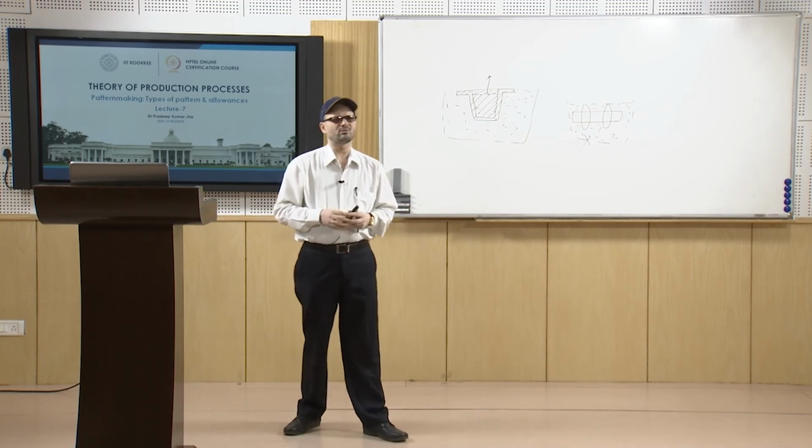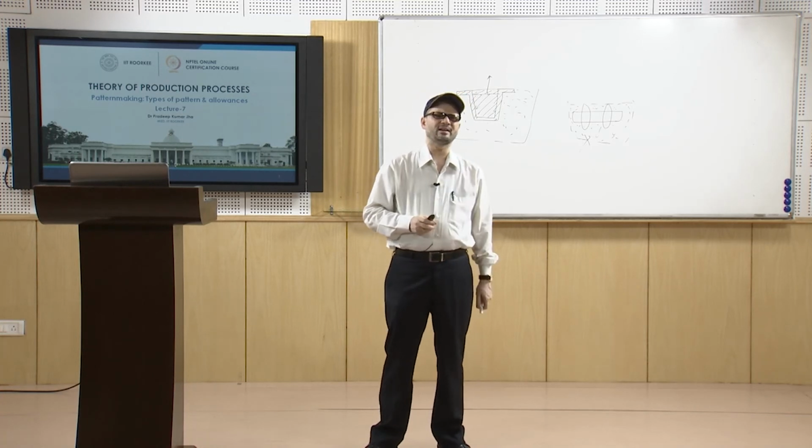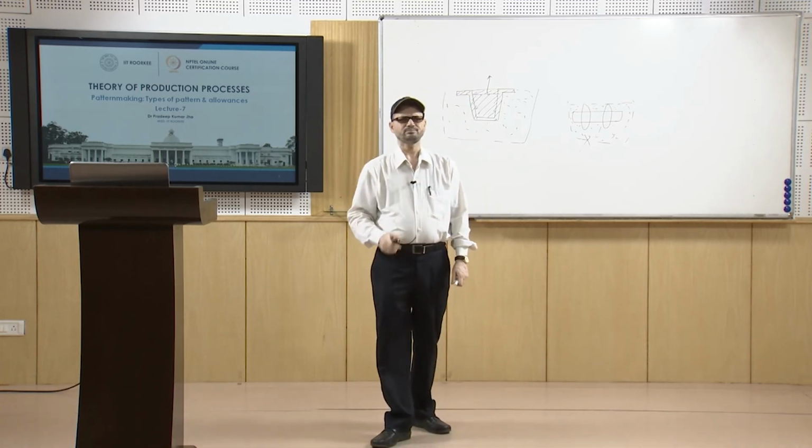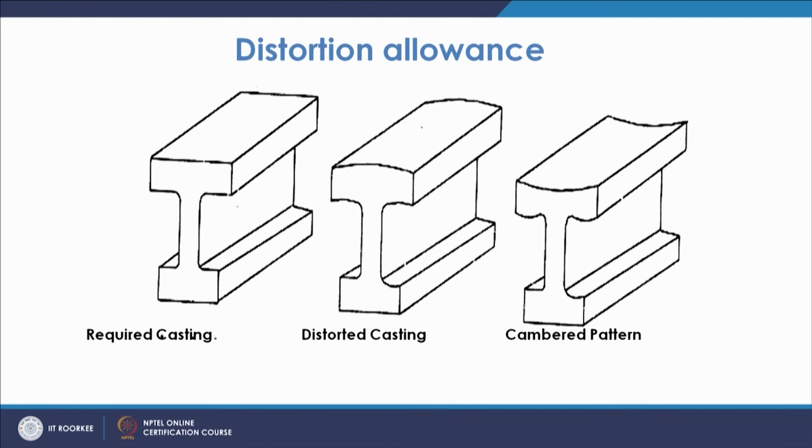What type of accuracy you require and what the complexity is, based on that you need to give a certain machining allowance. The next allowance is distortion allowance or camber allowance. It happens in certain kinds of patterns which have flat surfaces and bulky portions. If you need a casting of this shape and you make the pattern of this shape, then because of its weight it will sag.